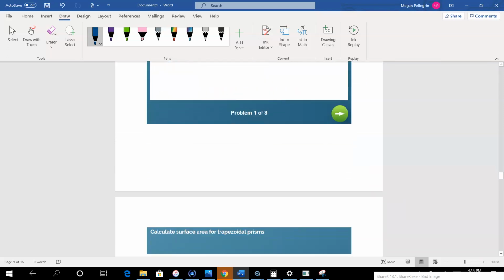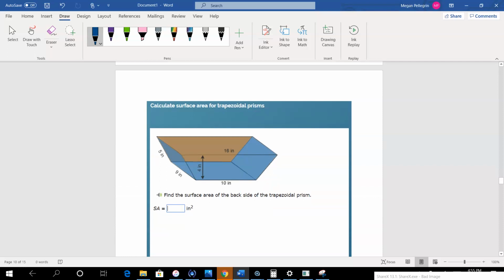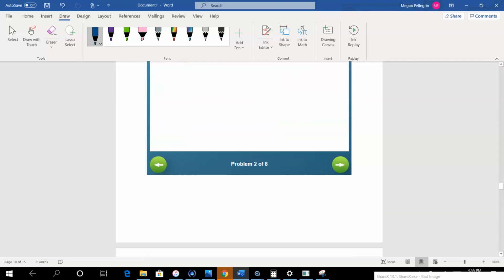And so then our next one on the back, we have the same trapezoid. The height is still going to be 4. This piece is still going to be 16, and the bottom, base 1, base 2, 16 and 10. And so therefore this is also 52 inches squared. Our trapezoids were not different measures.